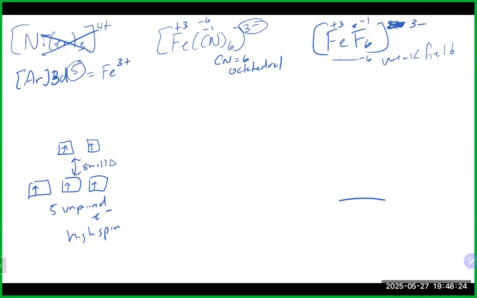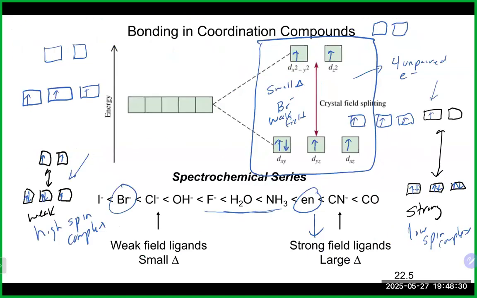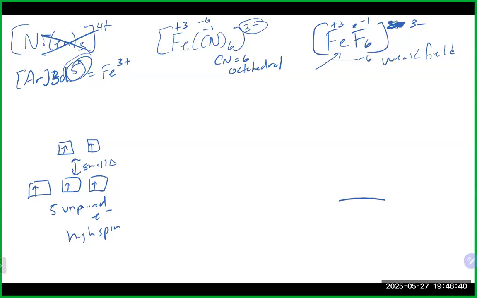Coming to here, which is also a +3, gives us the same 5 electrons. But when we go to our CN minus, I'm so backwards on this problem, I don't know why. We're looking at CN minus on the second one there. And that is going to be a strong field, which is going to give us a larger splitting that's going to occur. So in this case, dramatically drawn here, much larger.